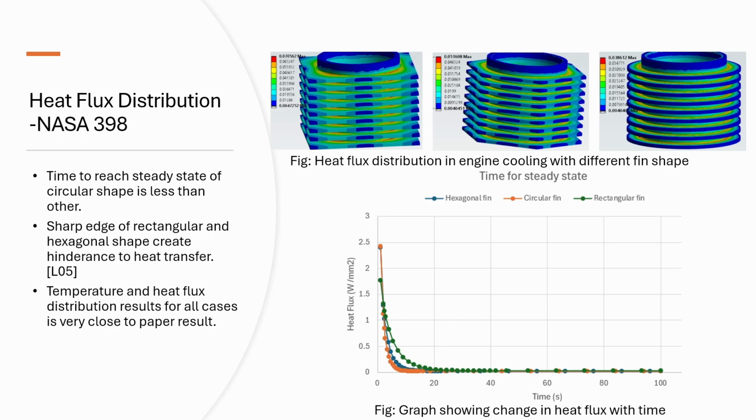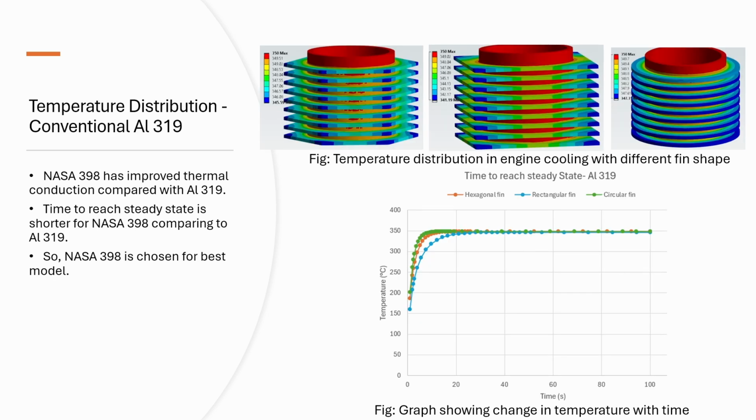It cools down so fast. So sharp edges of rectangular and hexagonal create a hindrance to heat transfer. That's why it's a little bit slow. And all these conditions are almost similar to the paper.